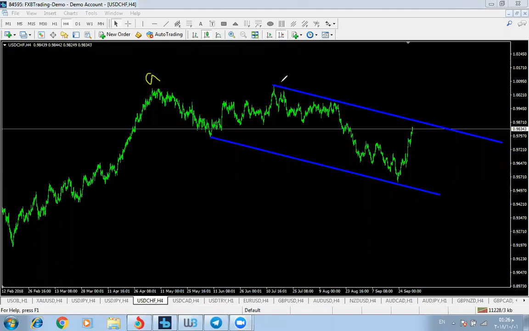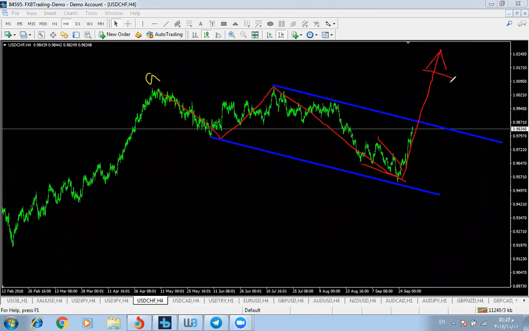This is A, and we have an expanded flat in the form of ABC, where the price has ended at this area, forming ending diagonal, and the price kicked start to the upside very strongly to form wave C.